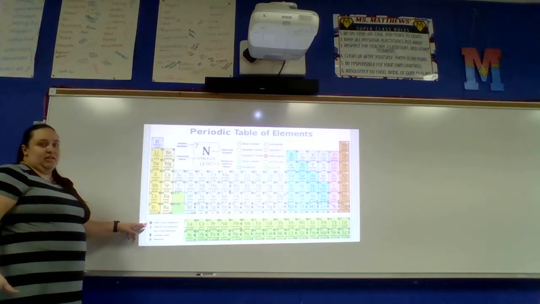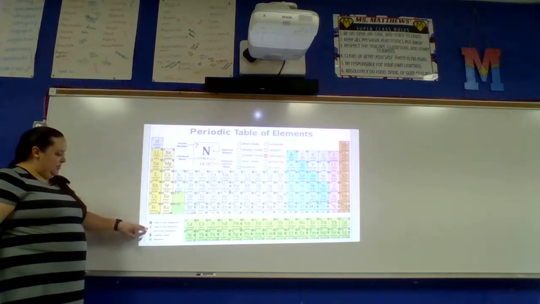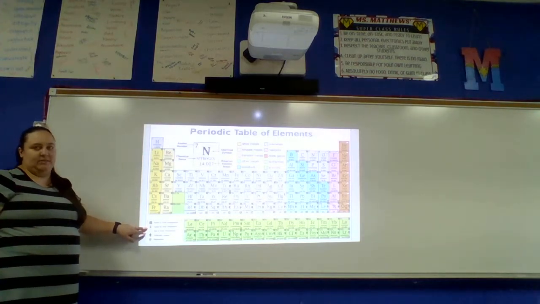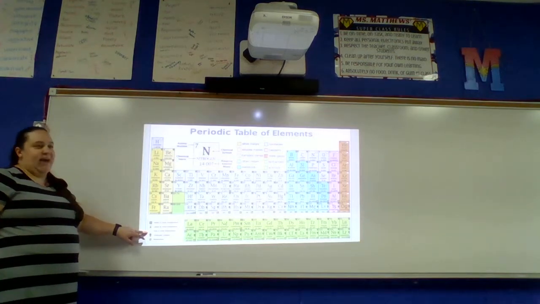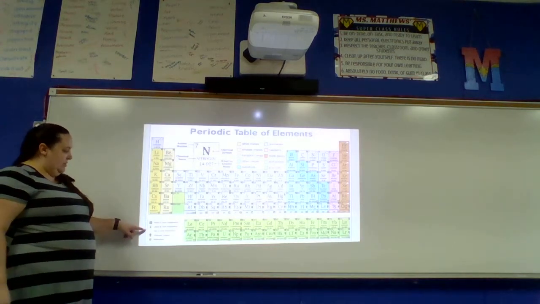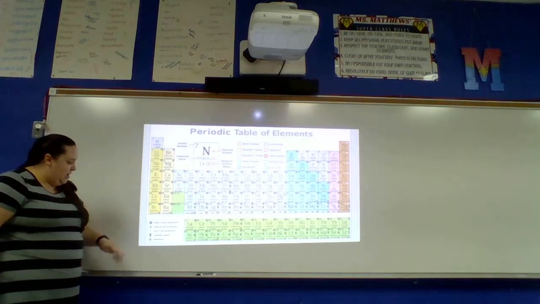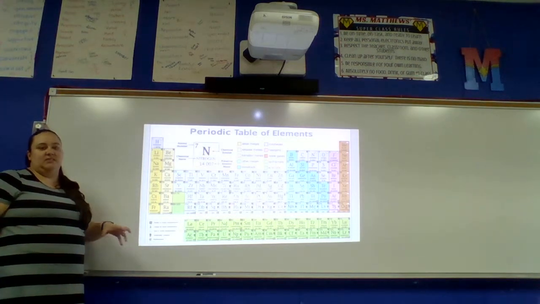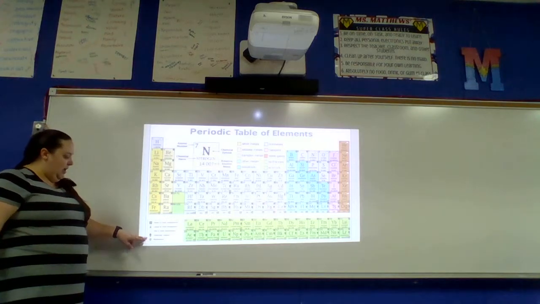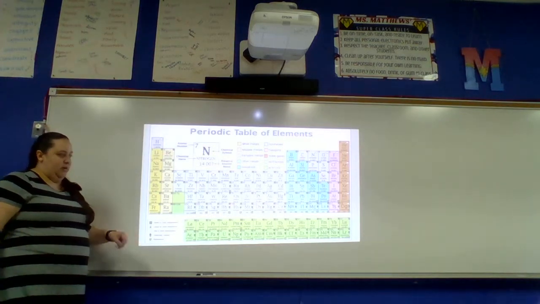So if it is solid at room temperature, it has this black box. If it is liquid at room temperature, it has a droplet of water. If it's a gas, it is represented with a cloud. And this one denotes that it is artificially made, and this denotes that it is radioactive.